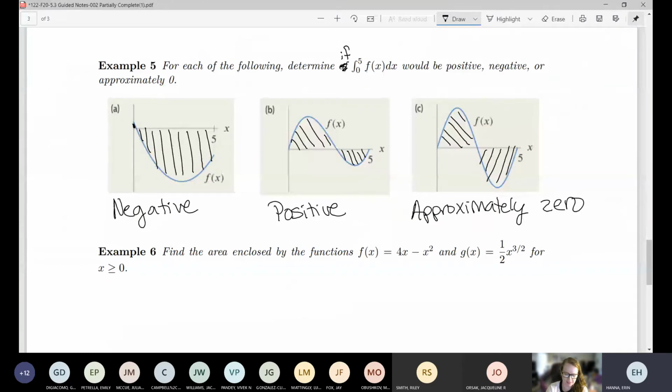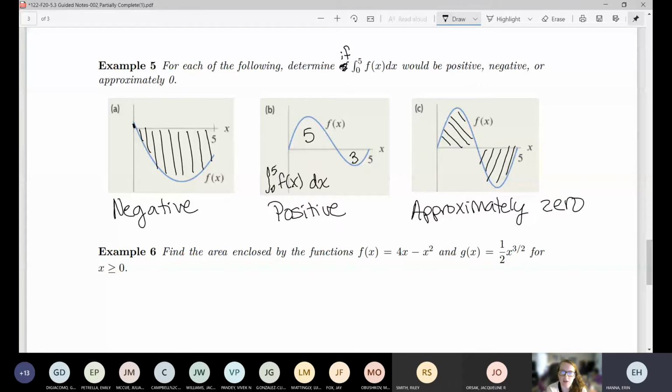That also means that there are some types of questions that I could ask you, and you'll actually see this on your exam review as well. Say I give you a generic picture of a function and I say the area in this piece is 5 and the area in this piece is 3. What is the value of the integral from 0 to 5 of f of x dx?